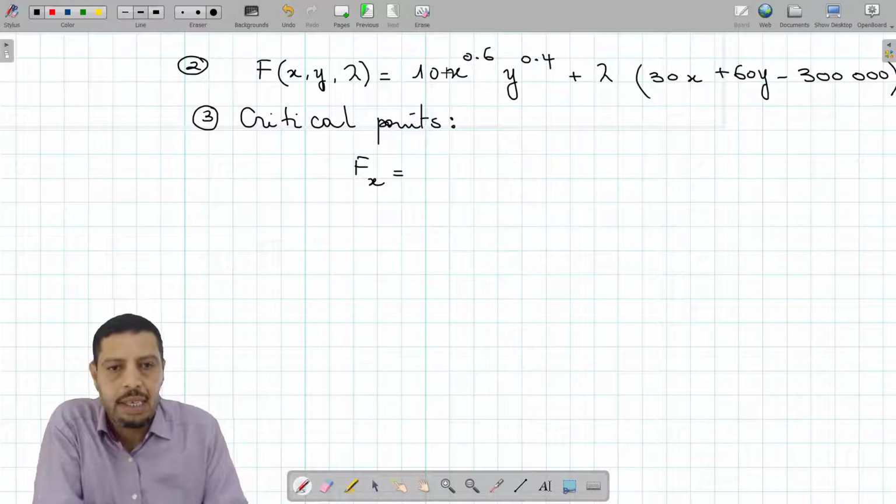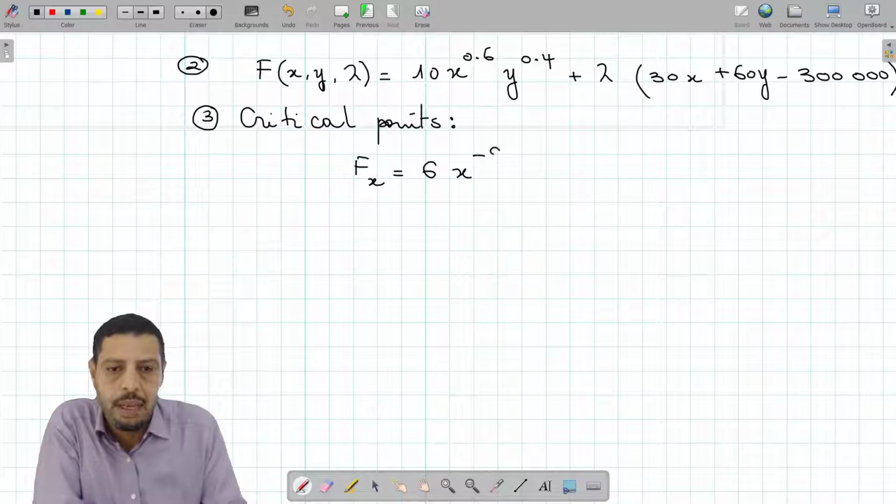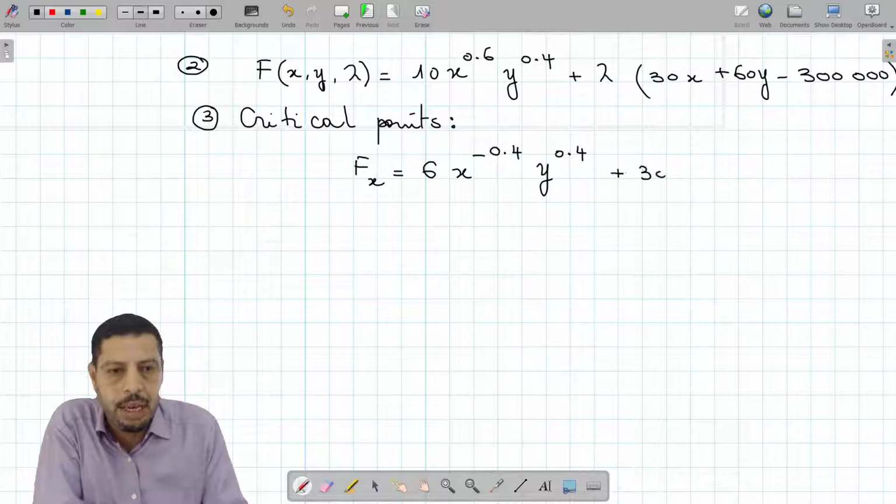Its derivative is 0.6 times x to the power of 0.6 minus 1 using the power rule. And 0.6 times 10 is 6, so let's write it 6x to the power of negative 0.4, which is 0.6 minus 1, times y to the power of 0.4. And from the second term, you will get 30 lambda, so plus 30 lambda equals 0.